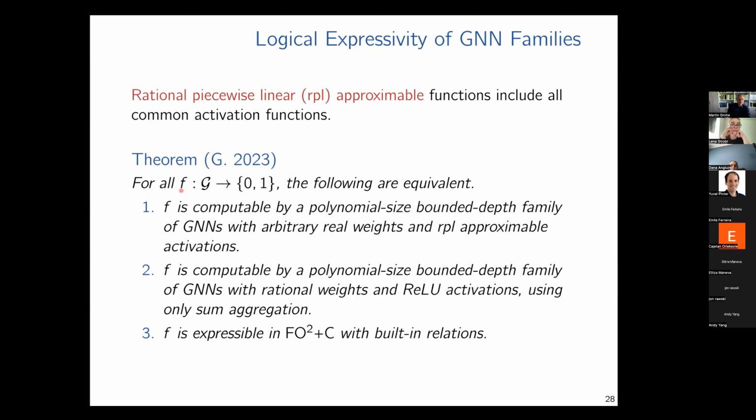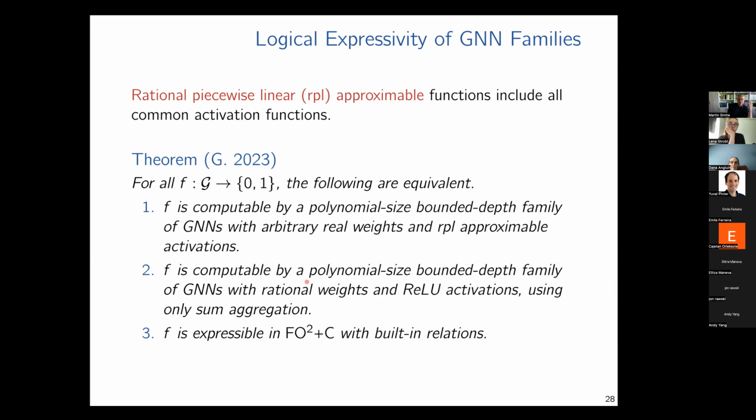If we have a Boolean function defined on the class of all graphs, it's computable by a polynomial size, bounded depth family of GNNs. They may use arbitrary real weights and RPL approximable activations. So all the typical activations that we may find. Then the second can be seen as a normal form.